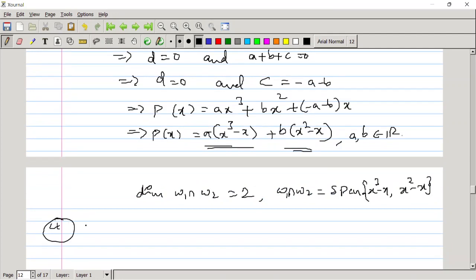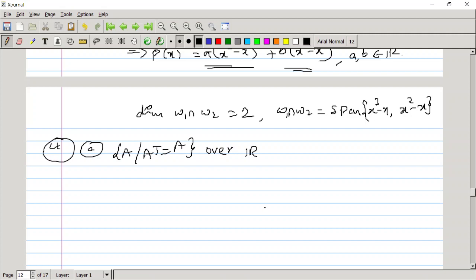This is for the problem. So the first option is the set A such that A transpose equal to A over R. We will directly check the properties of the vector space. To prove this is a vector space, we have to check two properties.